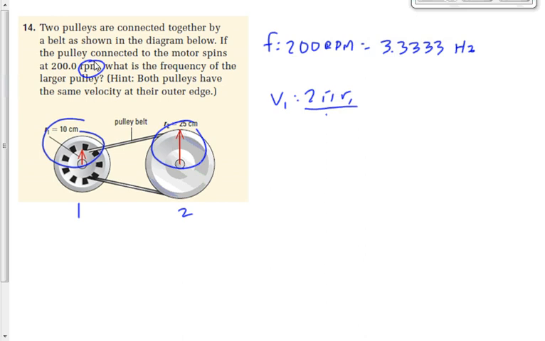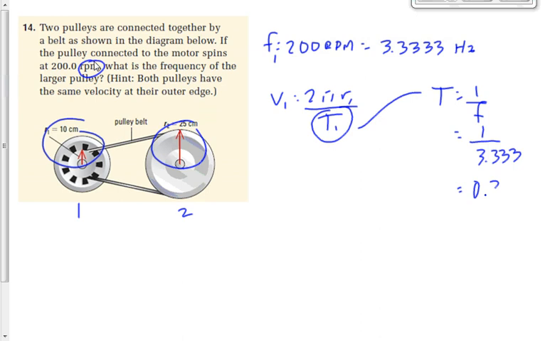So we've got the frequency of the smaller pulley, that would be F1, right? And we can go 1 over F is equal to T. So 1 over 3.333, what's that equal to? 0.30, exactly. Okay, 0.30 seconds.